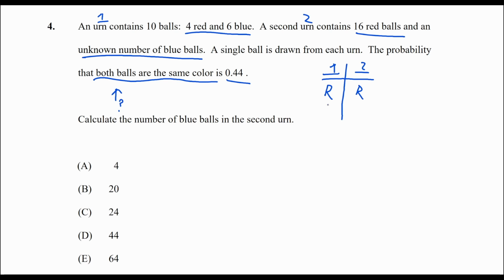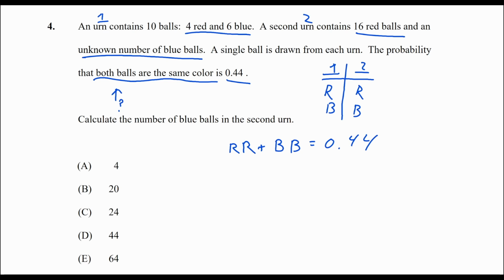For urn number 1, you can also have a blue ball, and urn number 2, you can have a blue ball. So now, if we combine those, what does that mean? The probability of having RR plus BB is equal to 0.44. So now we kind of have a formula to work with.